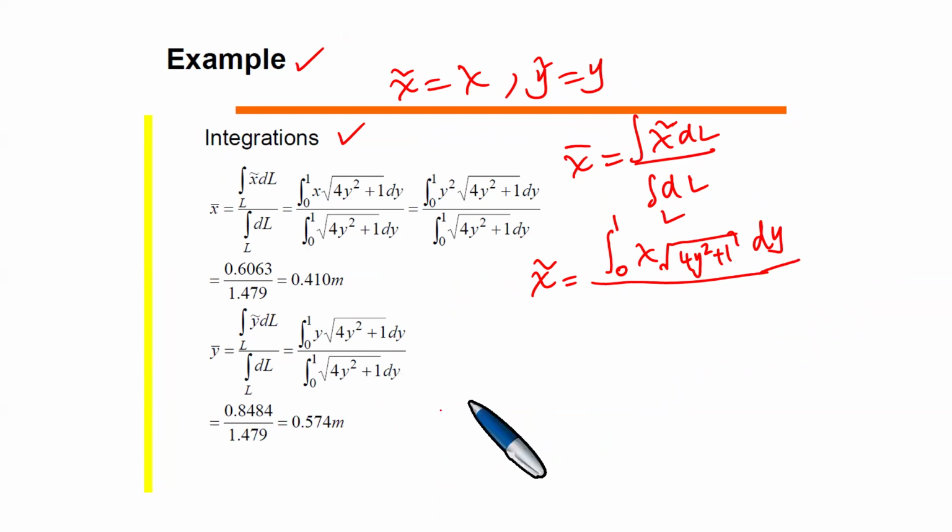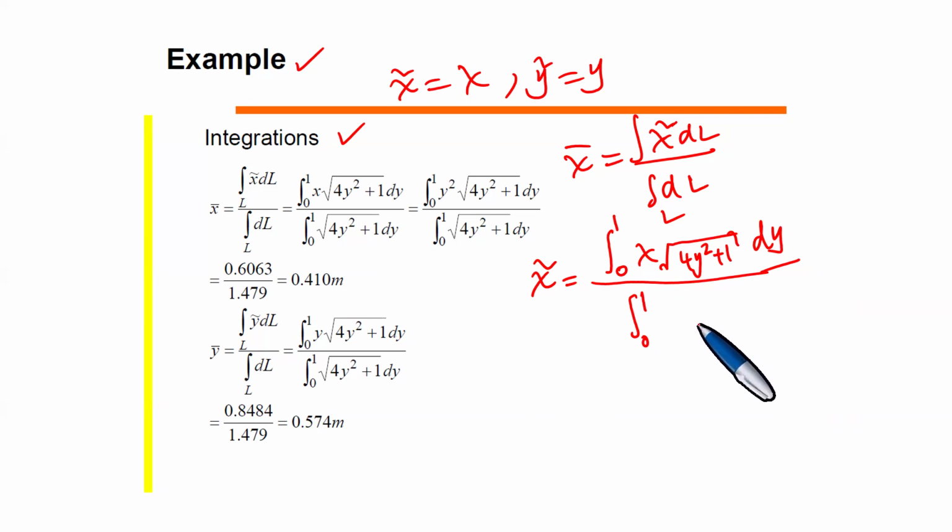And then now you divide this by the integral of the dl, okay? But we integrate from 0 to 1 still, because the y, remember, is from 0 to 1 also, as much as the x is, right?